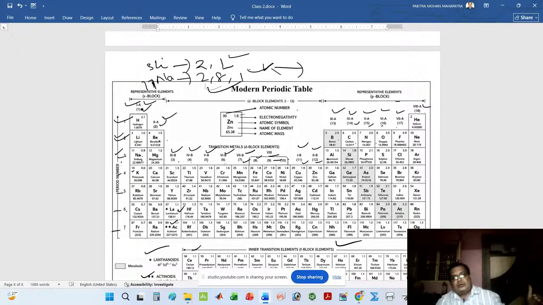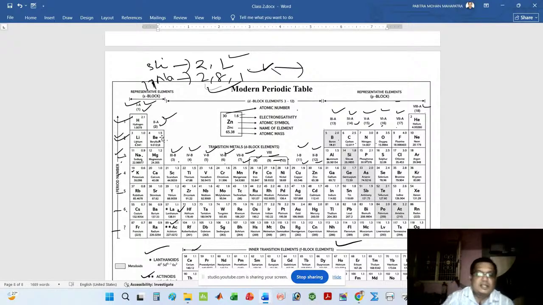That means if you move in a particular period, there is a regular trend, whether properties decrease or increase. You can also think about another physical property like density. Next, you can think about melting point, boiling point. In the same style you can find there is a regular trend. After starting from left to right, when you reach the end, the same property will be found.